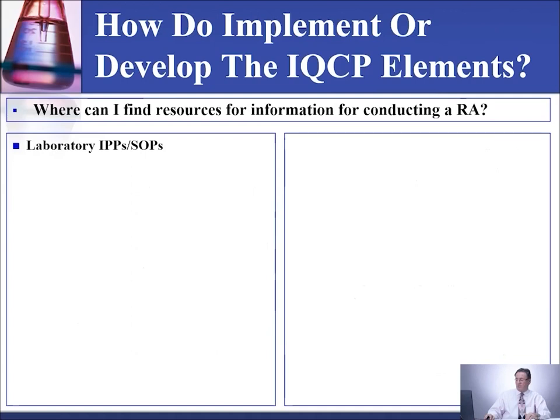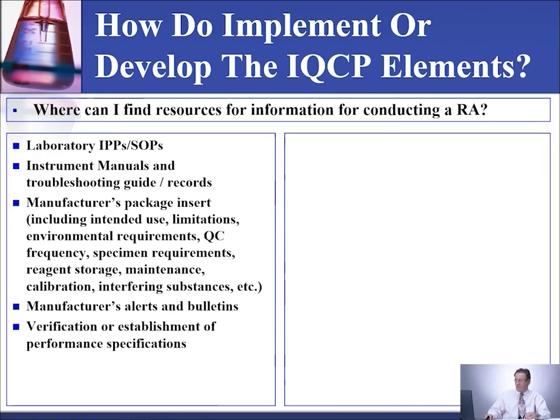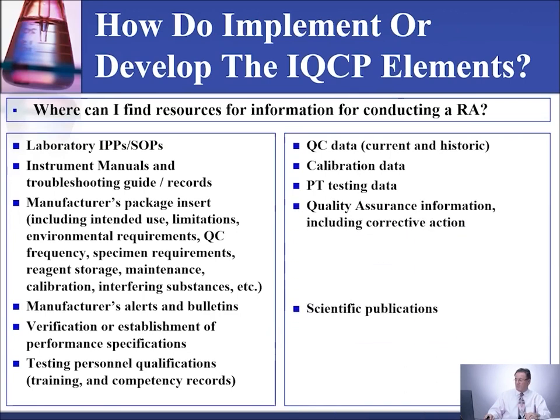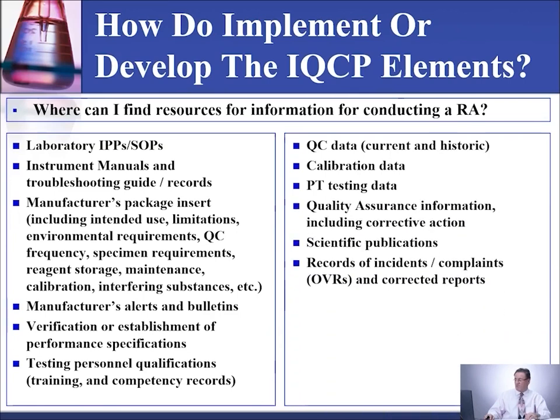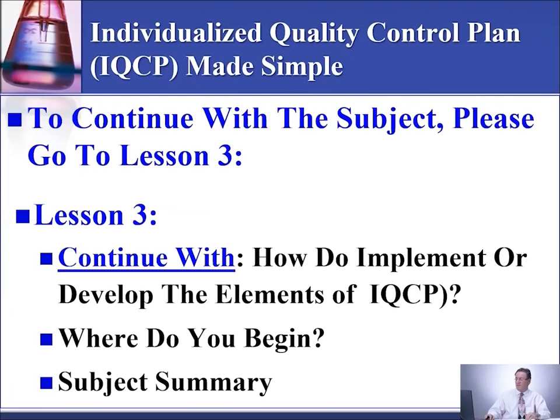In your laboratory policies and procedures, instrument manual, troubleshooting guides or records, manufacturer package insert, also manufacturer alerts and bulletins, verification or establishment of performance specifications, testing personnel qualification, QC data, current or historic, calibration data, PT data, quality assurance information, including corrective action, scientific publications, records of incidents or complaints, OVRs, regulatory and accreditation requirements, test process flow charts or maps, and other information as appropriate and needed.